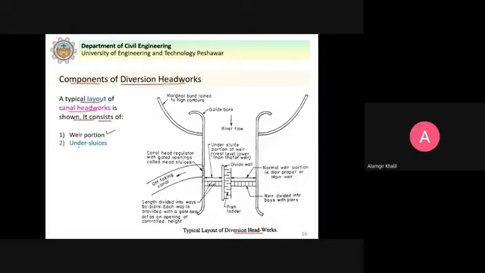Then we have the undersluices. These are the undersluices here. We will study in detail their functions, etc. So this is the weir. The weir can be divided into bays with piers, as you saw in the previous slides.